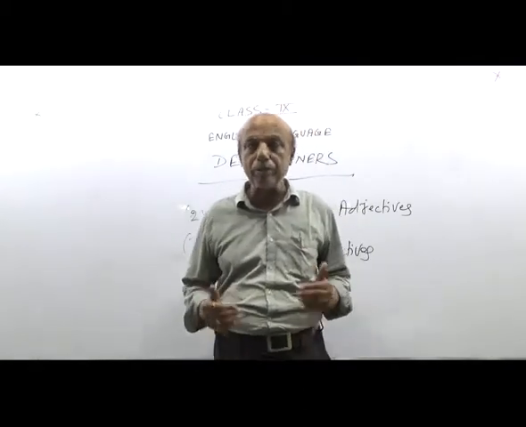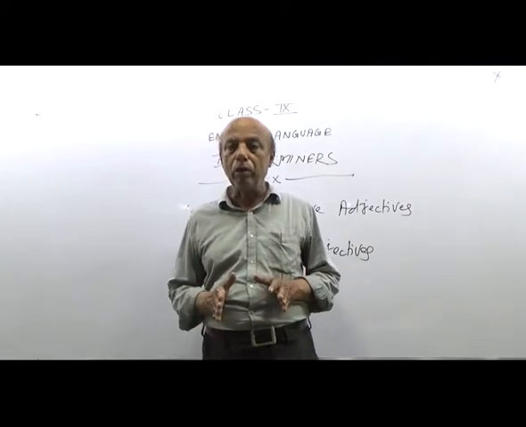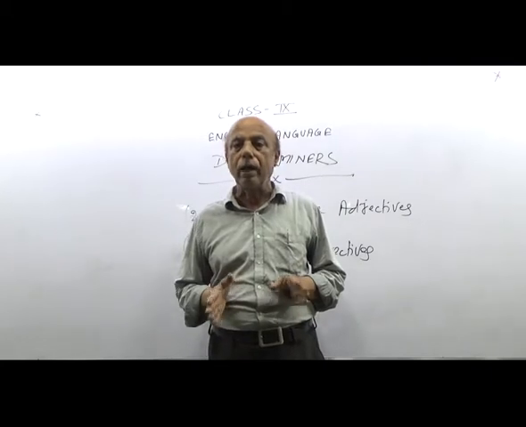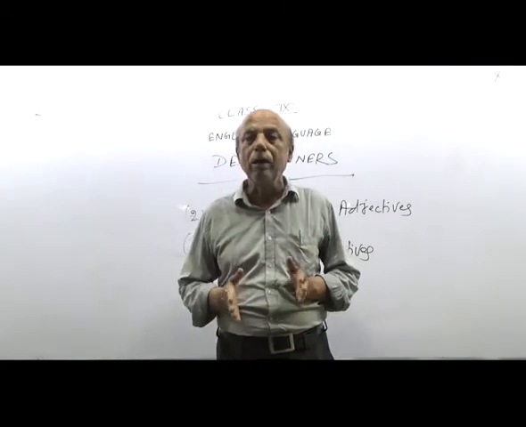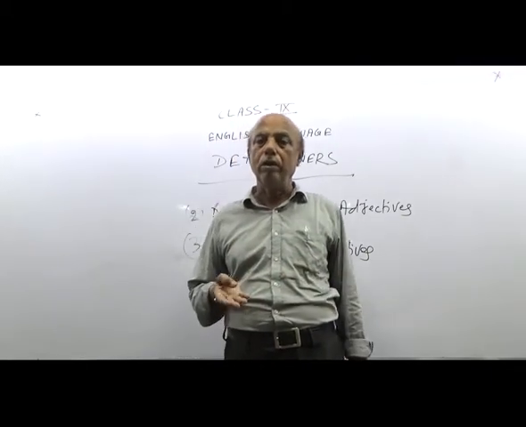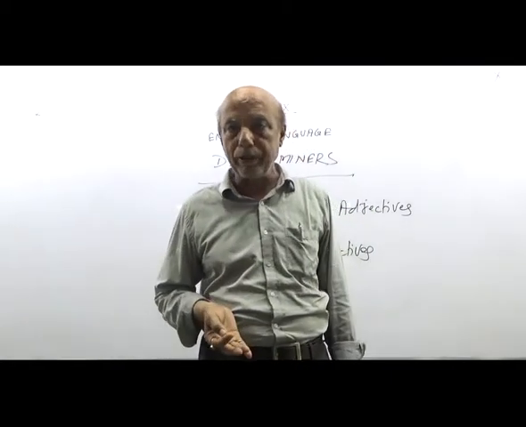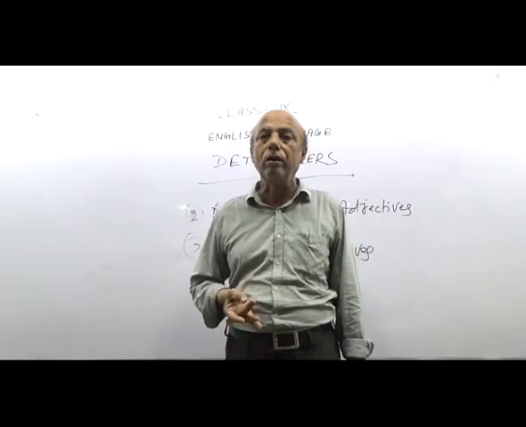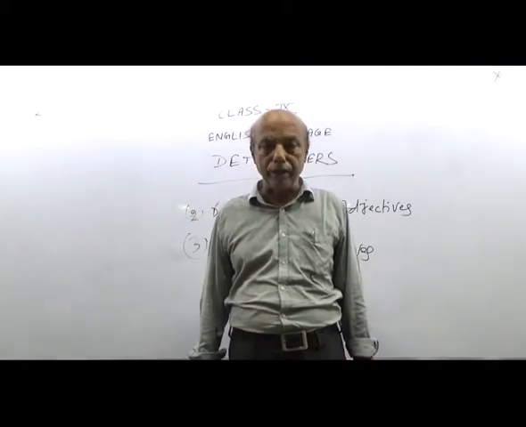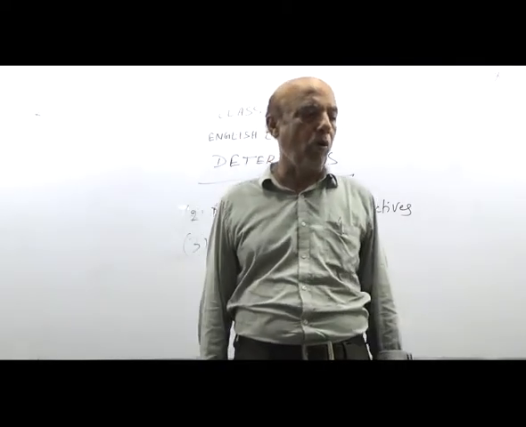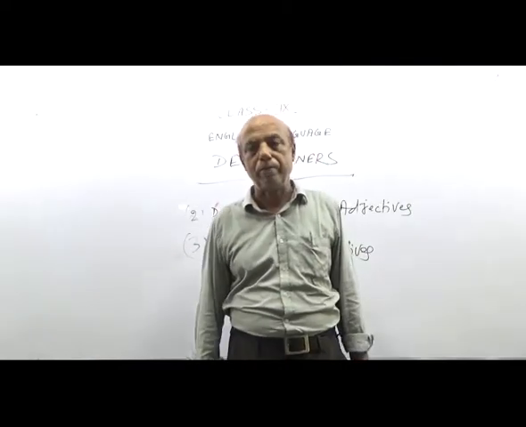Listen to me very peacefully again. I have told you numeral determiners have been divided into three parts. The first part is called definite determiners, second is called indefinite determiners, and third is called distributive determiners. And fourth is called quantitative determiners.